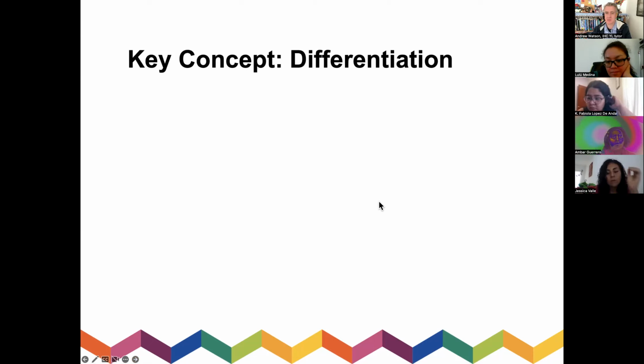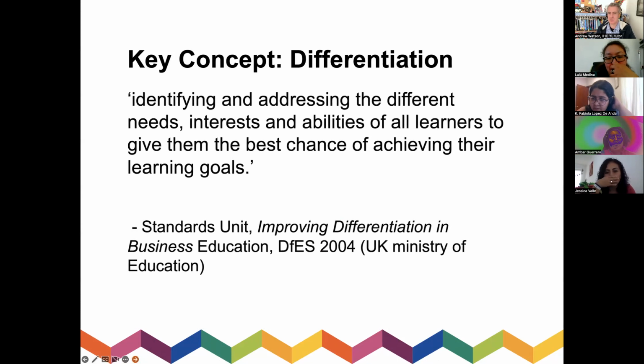All right, we're going to see an official definition. First of all, this is from the UK Ministry of Education 20 years ago, nearly. And it says, identifying and addressing the different needs, interests, and abilities of all learners to give them the best chance of achieving their learning goals.